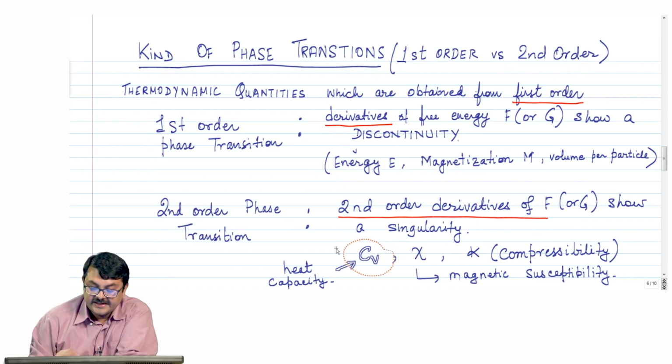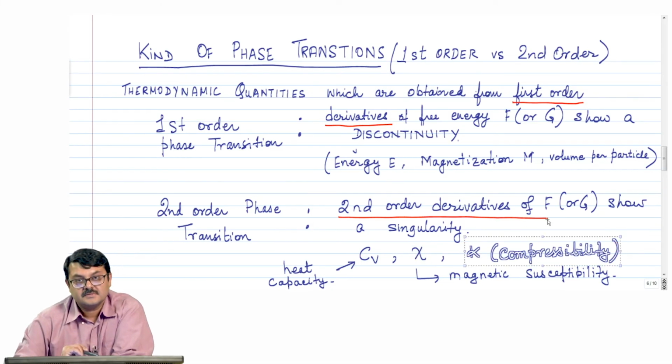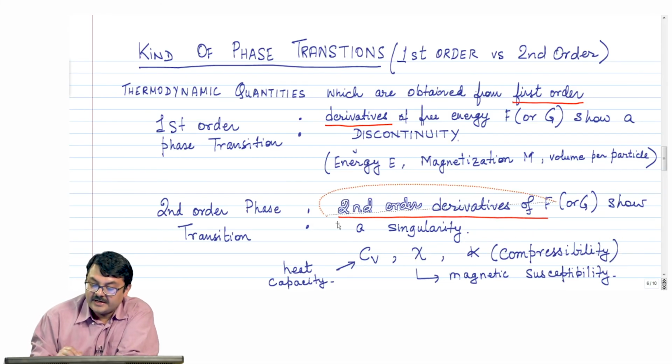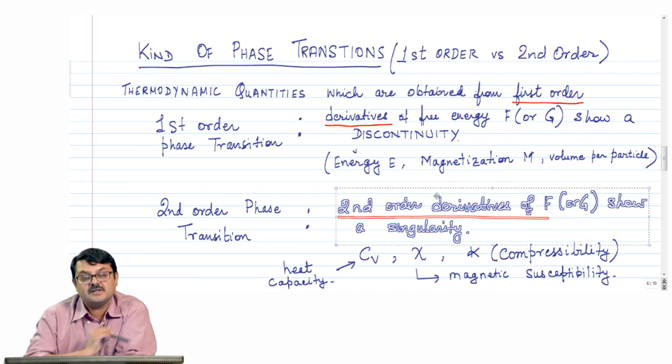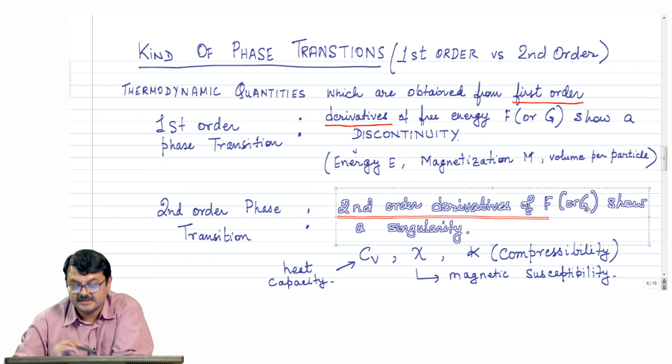Quantities like the heat capacity, the magnetic susceptibility or the compressibility are second order derivatives of the free energy or the Gibbs free energy. F being the Helmholtz free energy and G being the Gibbs free energy.